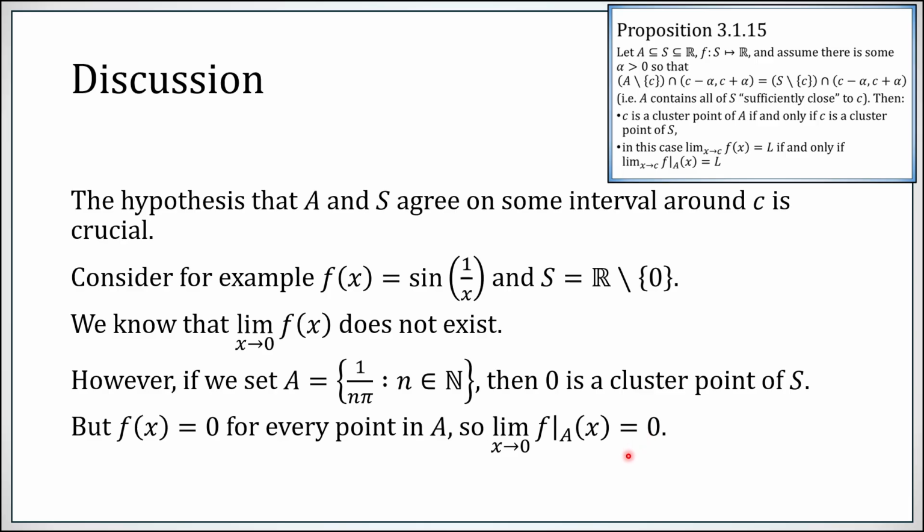So this is a peculiar example where the restricted function can have a limit, but the original function doesn't, because the function has been restricted to a very weird set A. It's not an interval or something. It's specifically a collection of points designed to make it look like the function was constant. That said, that's a weird way to make a restricted function and not commonly how we will do so.